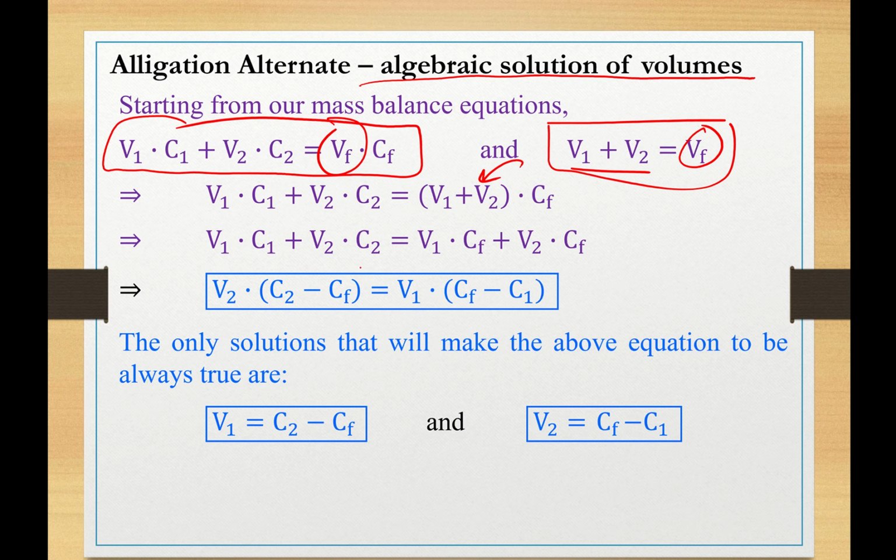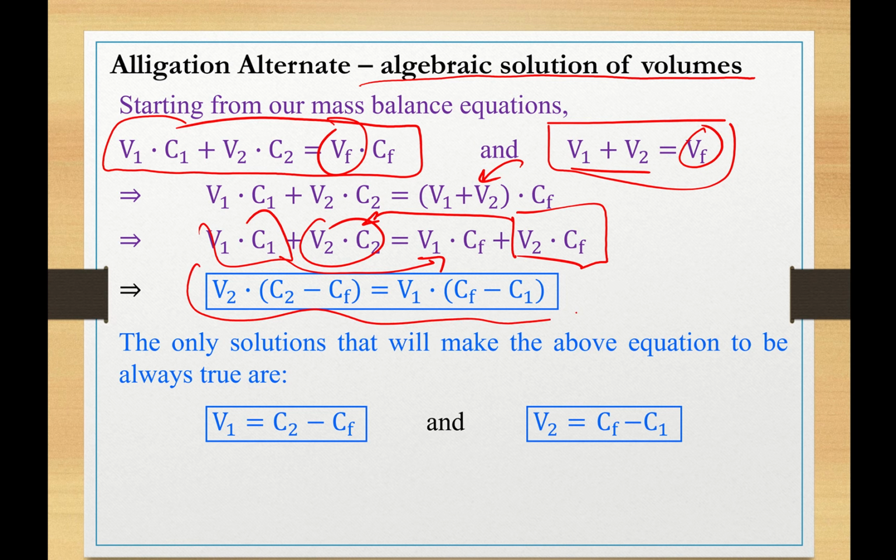So I moved this part to the left, and I took V2 as a common factor, and I moved V1 C1 to the right, and I took V1 as a common factor. Now I have this equation here. The only solutions that will make the above equation always true is when V1 is equal to this part and V2 is equal to CF minus C1.